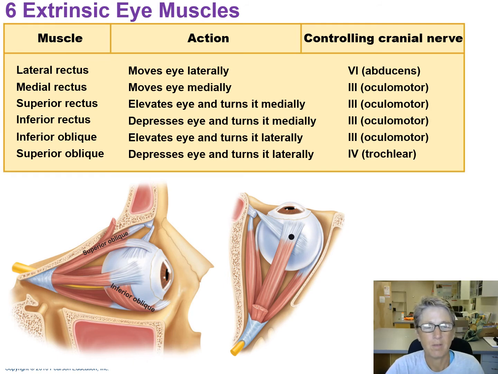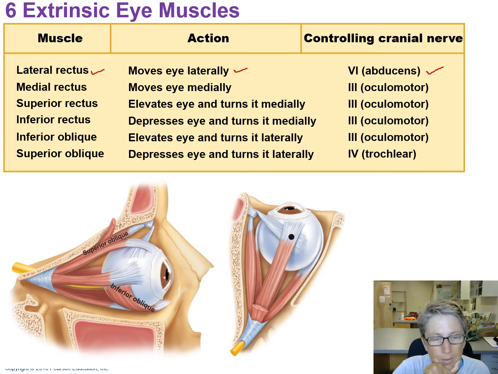Okay, so these are the extrinsic eye muscles of the eye. So it gives you the muscle here, the lateral rectus. Its action, it moves the eye laterally, and the cranial nerve that controls it is cranial nerve 6, or the abducens. Rectus means straight, and oblique means at an angle.